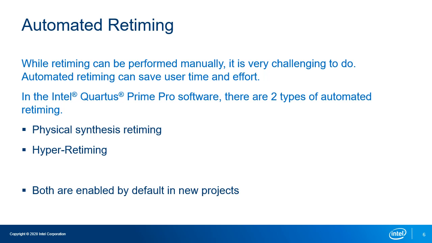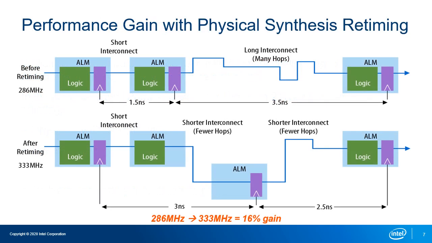In the Quartus software, there are 2 types of automated retiming: retiming performed as part of physical synthesis and hyper-retiming. They are both on by default. Even though physical synthesis retiming results in a performance gain, that performance gain is achieved using registers found in ALMs.